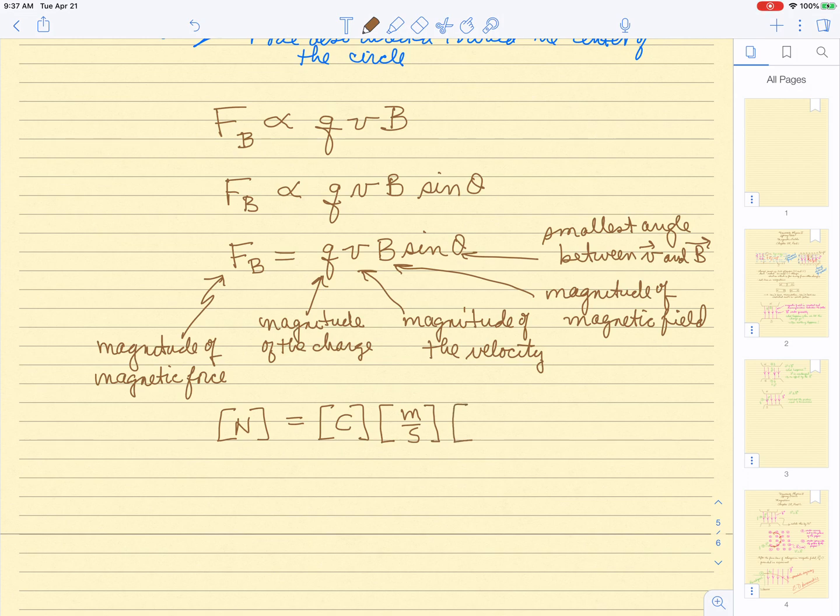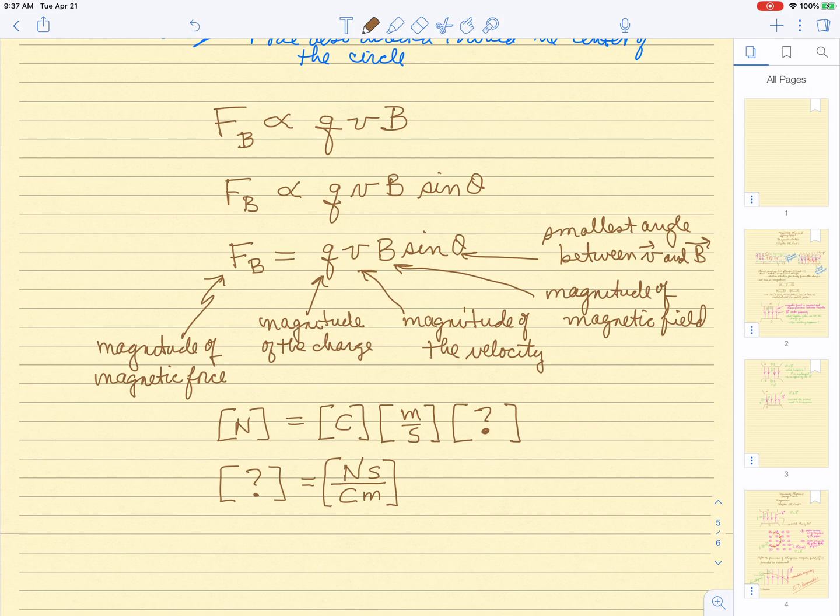And then whatever the units of B are going to be, we need to figure out. And sine of theta has no units, that's unitless. So whatever the units of magnetic field are, they're going to be equal to newton seconds per coulomb meter.